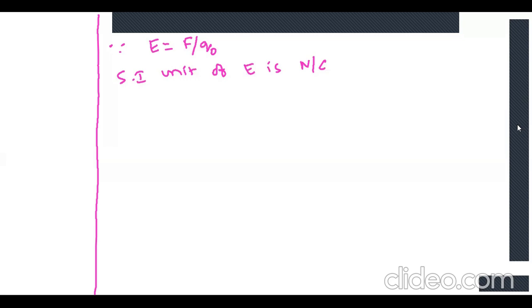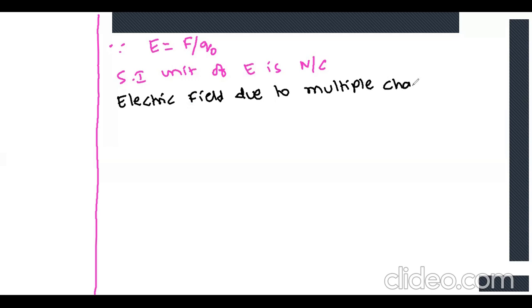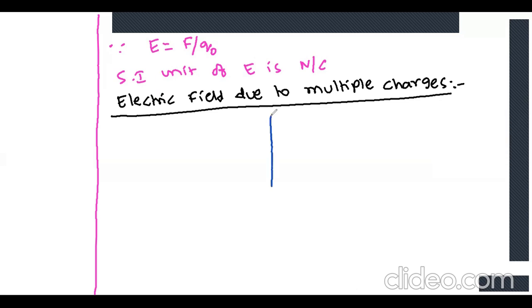Next, electric field due to multiple charges. Suppose let us consider reference system as Cartesian coordinate system. X-axis and then y-axis.